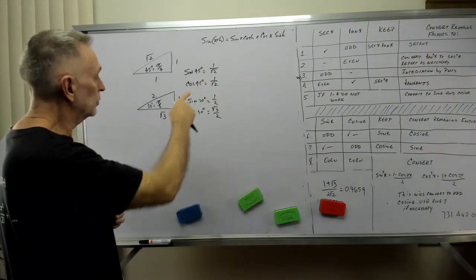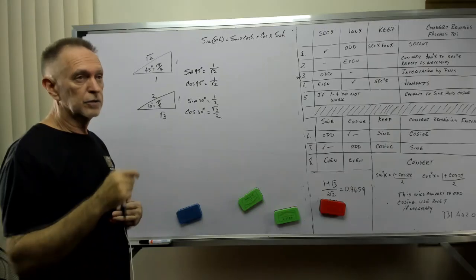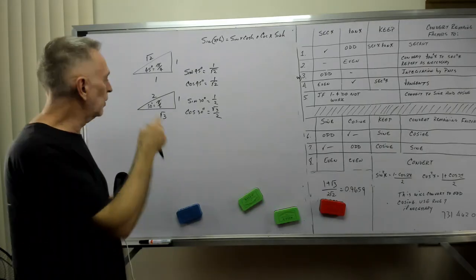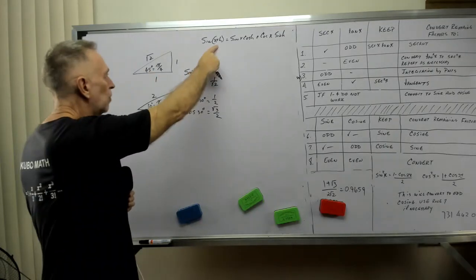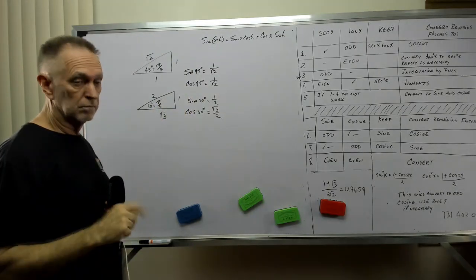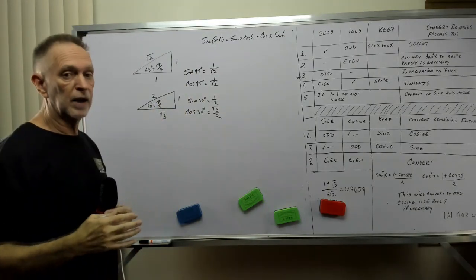Now if we consider the sum of two angles, a 30 degree angle plus a 45 degree angle, well, 30 plus 45 is 75.